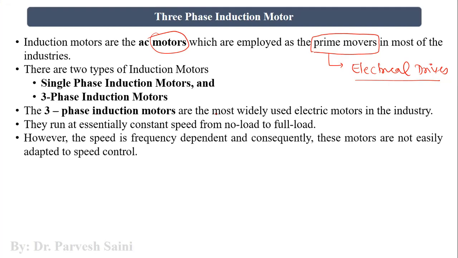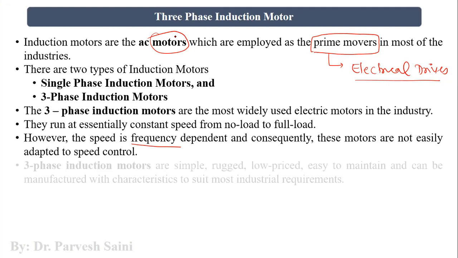Now, because the speed of an induction motor depends upon frequency, which we will discuss in the working principle of the induction motor, it is quite difficult to control the speed of these motors. It's not that we cannot control the speed of these motors, but if we compare this with DC machines or DC motors, we will find that it is quite easy to control the speed of a DC motor rather than an AC motor, specifically a three-phase induction motor.